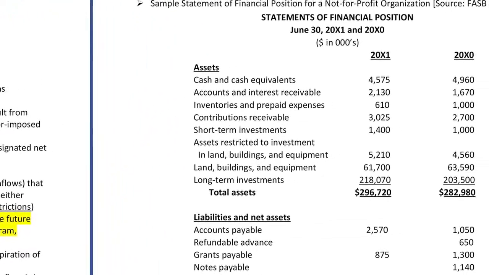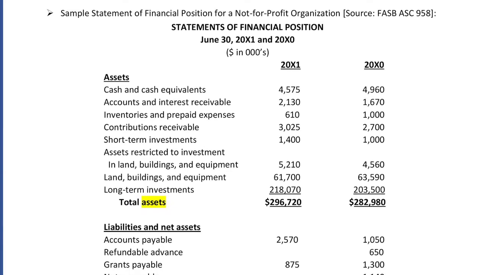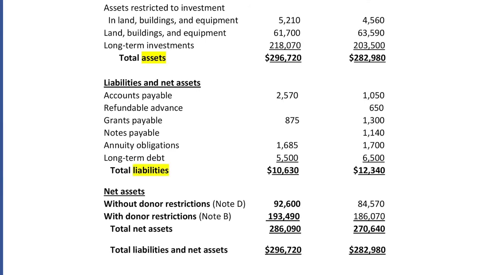Move to page 45, where we've got a sample statement of financial position. The first section has all the assets. So the last line, total assets, highlight assets, which is equal to liabilities and net assets.